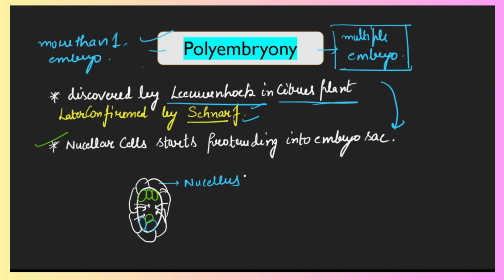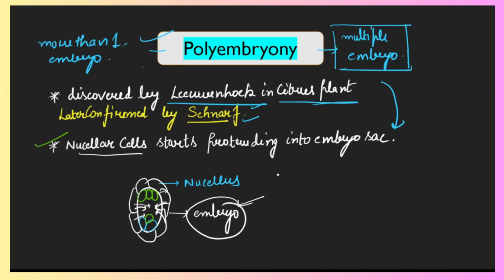Sometimes the nucellar cells start protruding into the embryo sac, and they divide multiple times and help in the formation of the embryo.